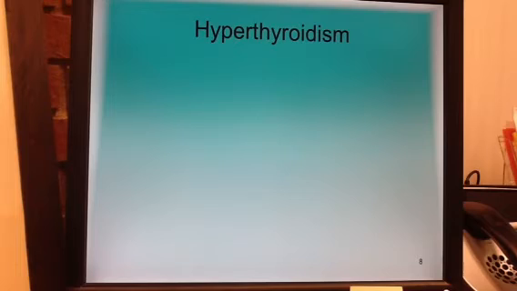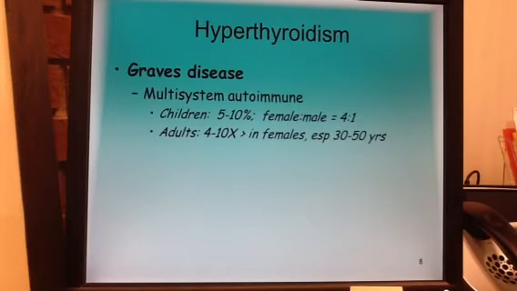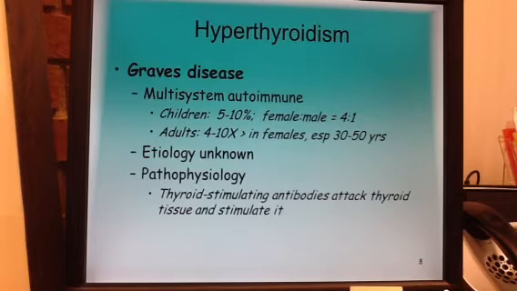So hyperthyroidism is caused by an increase in thyroid hormones. One type of hyperthyroidism is Graves' disease. Graves' disease is actually a multi-system autoimmune disease. In children, it makes up 5 to 10% of thyroid disorders, much more affecting females than males. And in adults, it's going to be 4 to 10 times greater in women, especially in that 30 to 50 year age group.